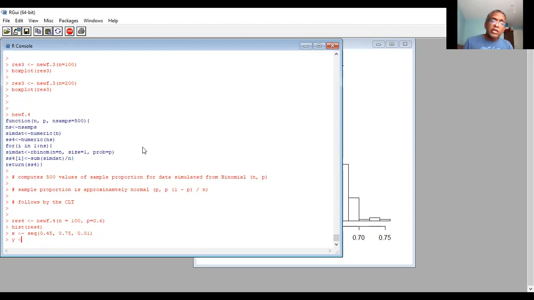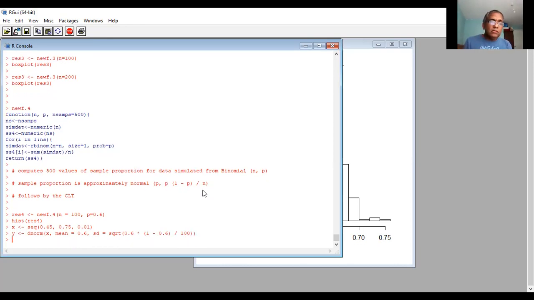And you choose y as the density of the normal distribution at x with the mean equal to p. Remember, p is 0.6 now, and the standard deviation equal to the square root of p times 1 minus p divided by n. So it's going to be the square root of 0.6 times 1 minus 0.6 divided by n. n is 100. Now finally, you use the lines command x comma y.